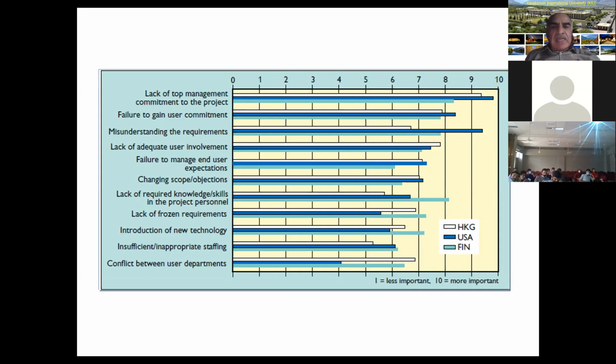So based on that, in all the 3 you can see that lack of top management commitment is one of the highest ranked risk factors, that normally the top senior management is not having any interest in the project, and they don't take timely decisions, they don't release the funds, they don't review the projects in time, and that leads to problems.